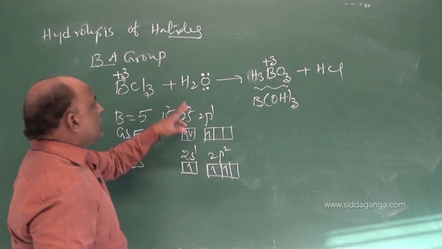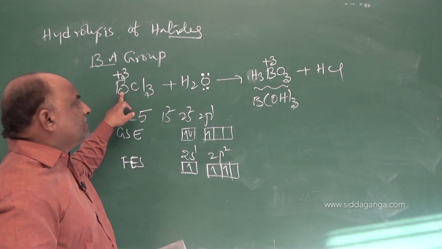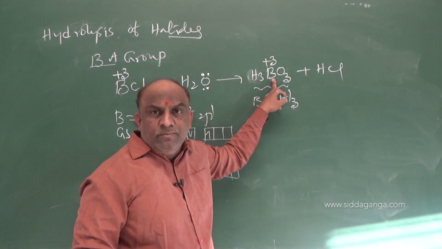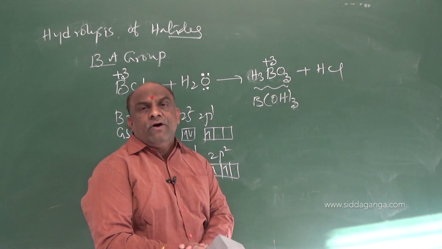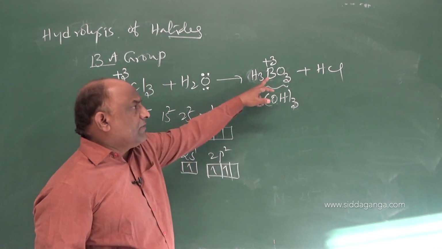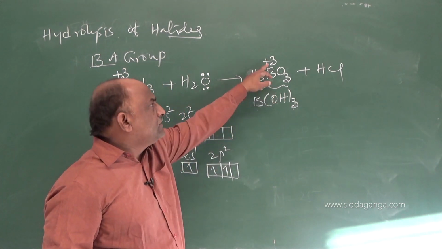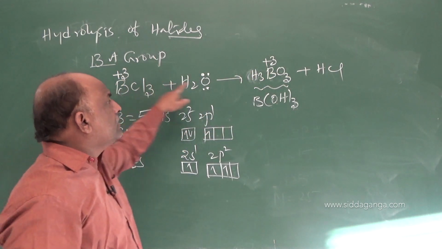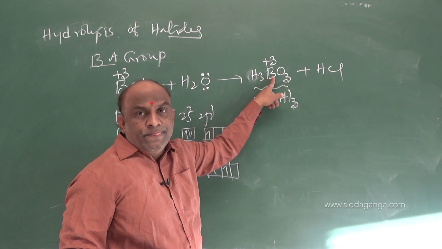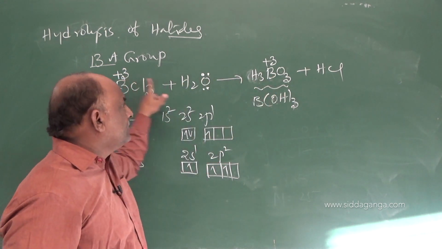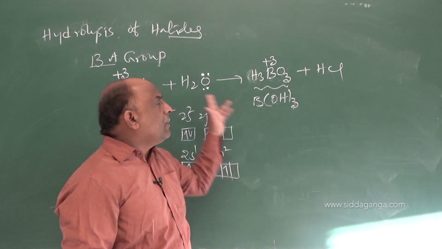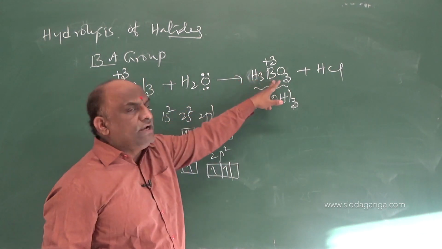So the oxidation state of the reactant non-metal boron is +3, and in the product boron is also +3. According to the oxidation number, we will get a product with the same oxidation number. Suppose here it is +5, then the answer is +5 only.